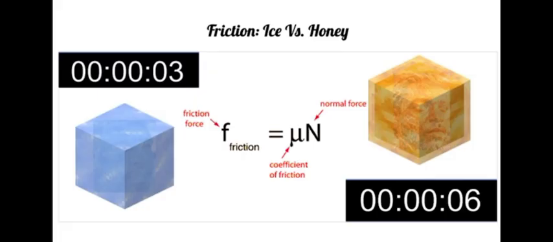The equation for friction is equal to the coefficient of friction, which is how much force is acting between two surfaces. A higher coefficient of friction means that it's harder for the block to slide, times the normal force, which is the force that opposes gravity and keeps the blocks from falling through the earth. Knowing this, we can safely say that the coefficient of friction for the honey block is greater than that of the ice block because the normal force stays the same.